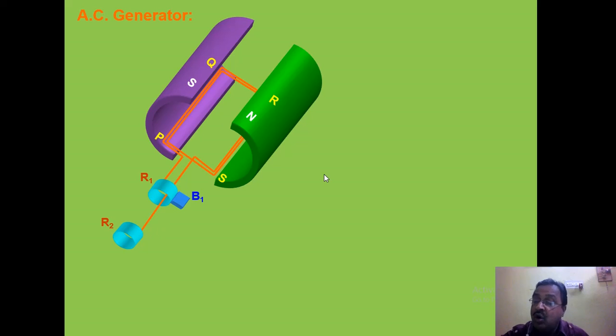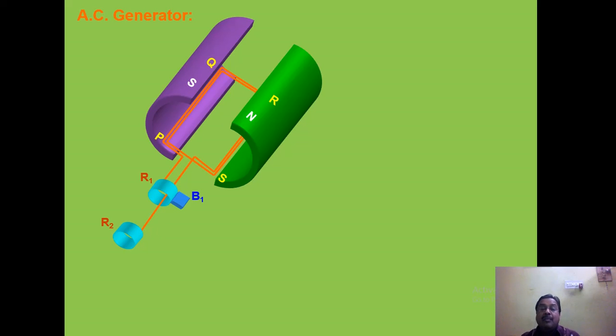Now what is a motor or what is a generator? We will discuss this. A motor or a generator is a device which converts mechanical energy into electrical energy.